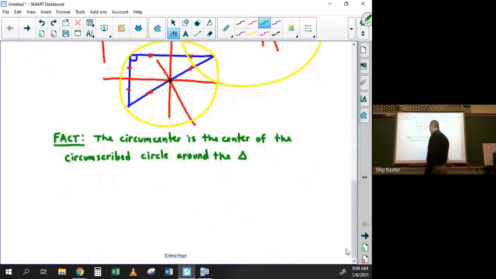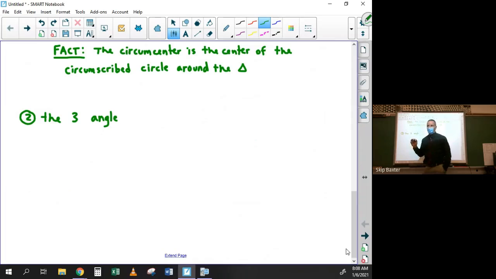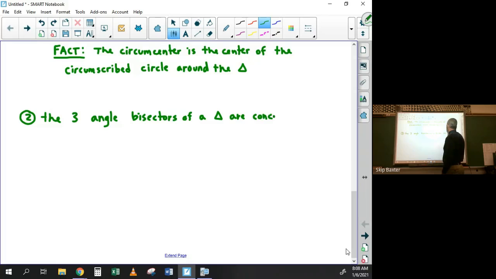So this would be like number 2. The 3 angle bisectors of a triangle are also concurrent, meaning they intersect in the same point.